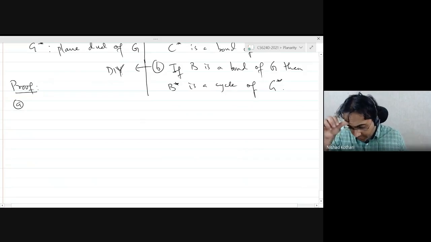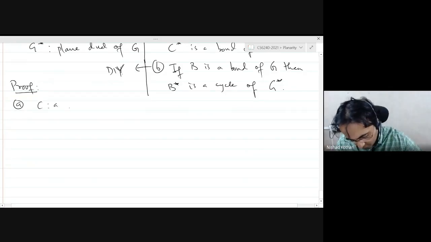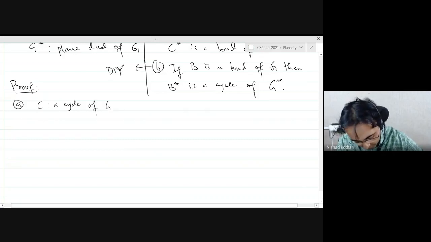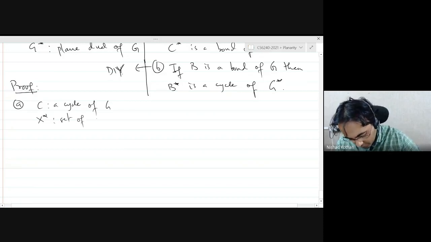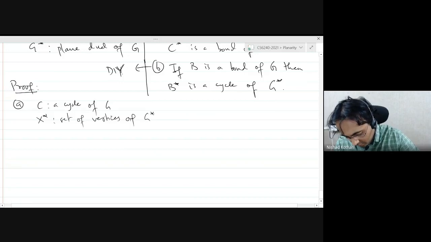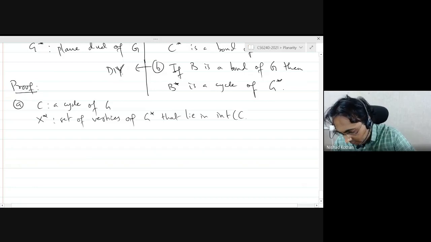All right, so let's take a cycle, and let's take the set of vertices of G star that lie in the interior of the cycle, right?